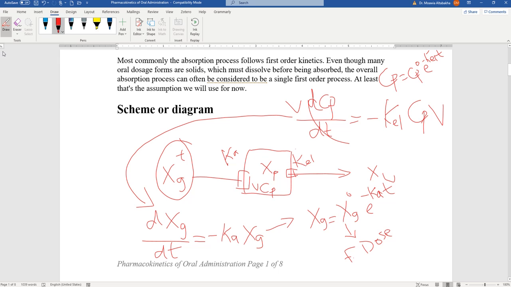Is that clear? Okay, so now we know the following. The input, this is the rate of input. The output, this is the rate of output.